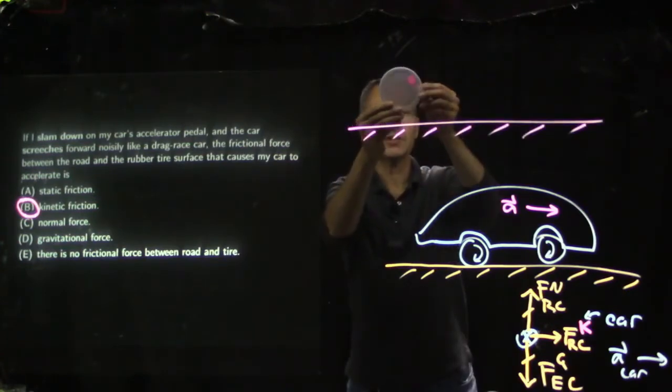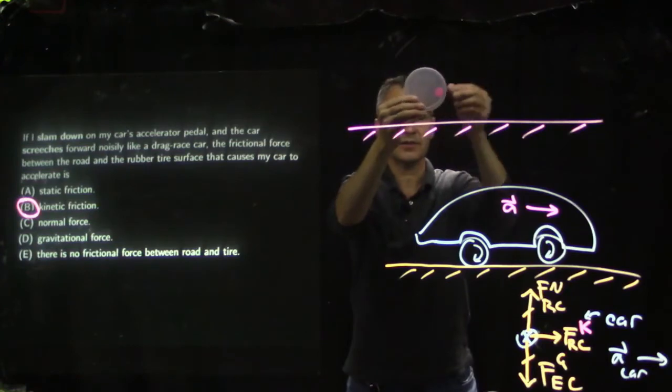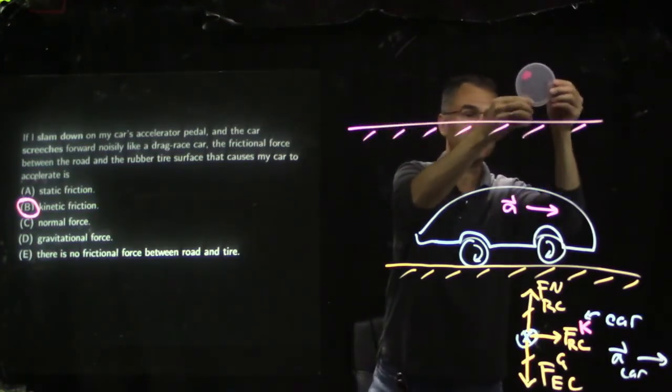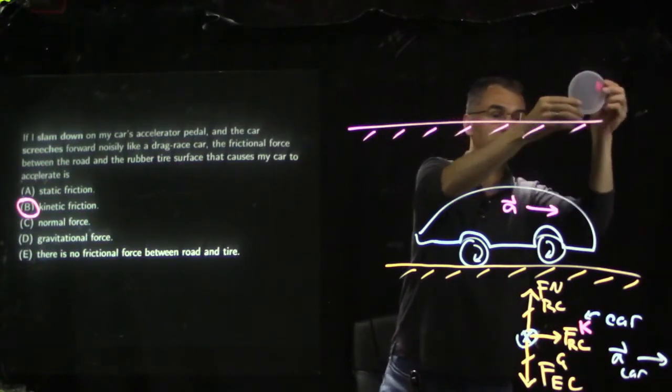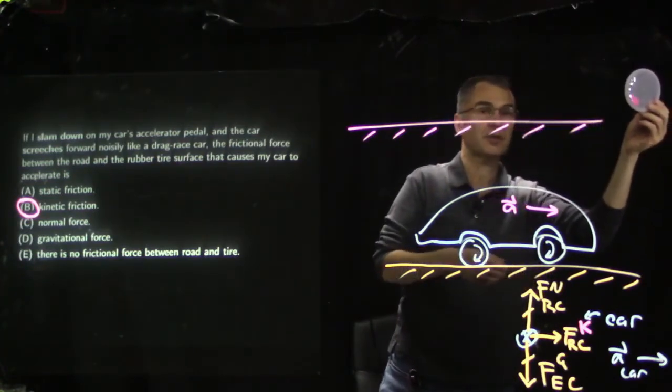So in the earlier situation, we had the car tire rolling without slipping. Every time the car tire goes around one complete revolution, the car goes forward one circumference of the tire.